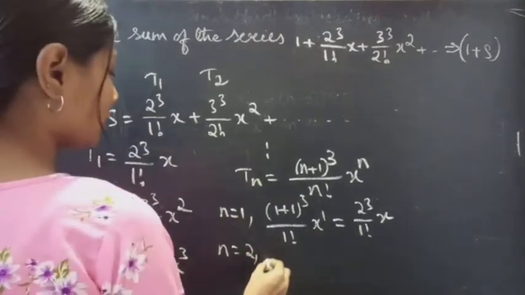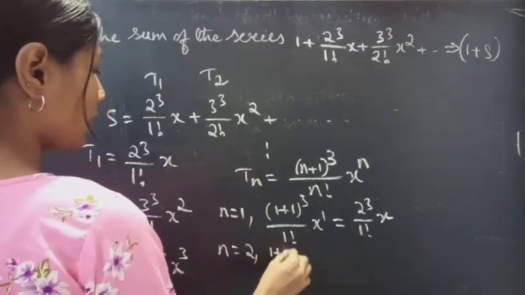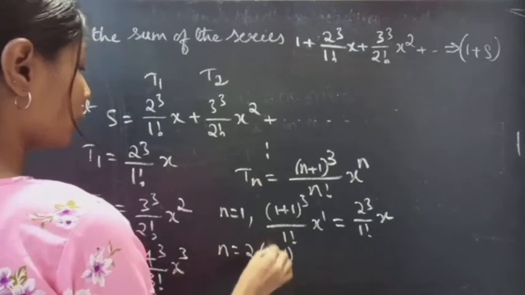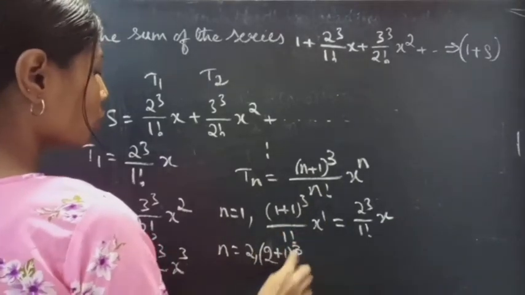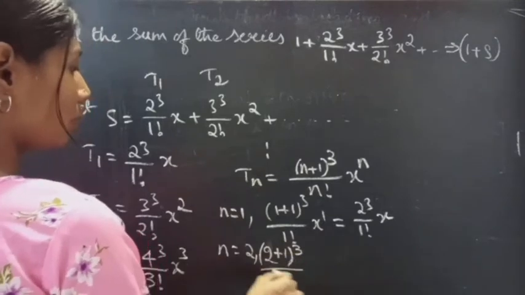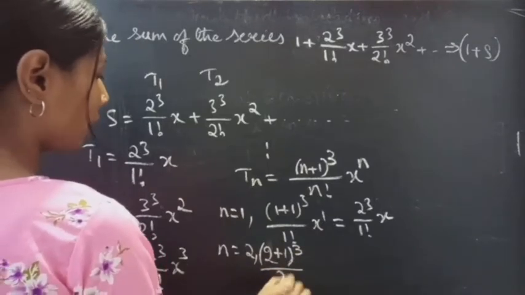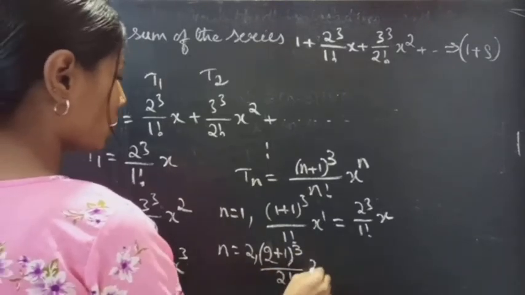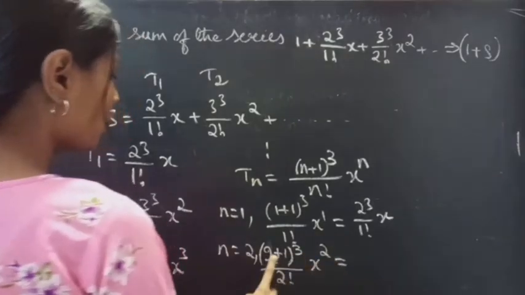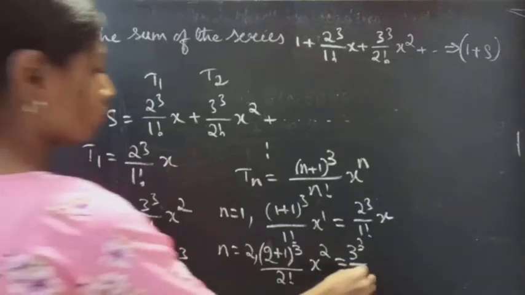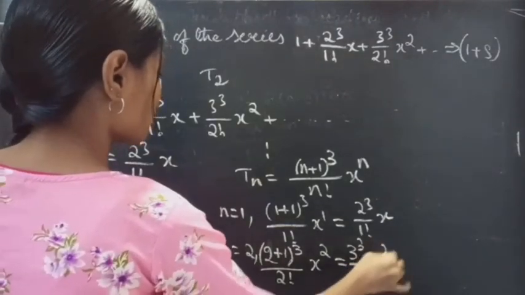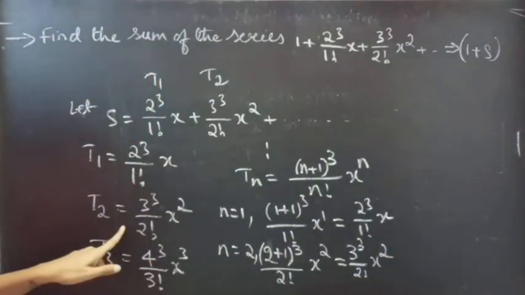Put n equals to 2 in the RHS, then you'll get 2 plus 1 whole cube by 2 factorial into x square, which equals 3 cube by 2 factorial into x square. So, second term.